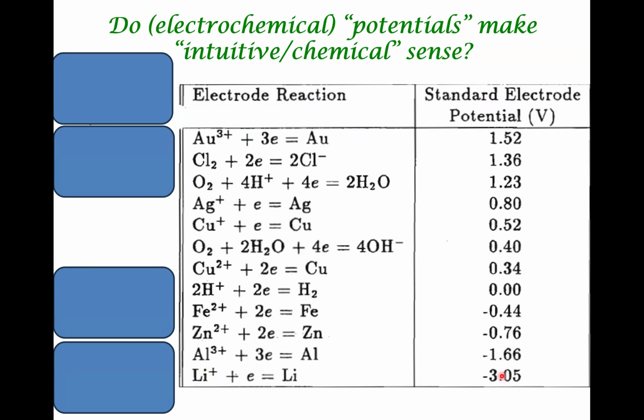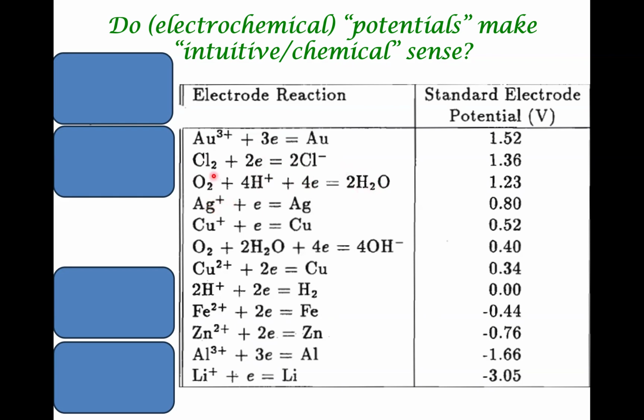So what does it really mean? When something has a positive reduction potential, that particular element can easily be reduced. Chlorine gas, diatomic chlorine, will very easily take up electrons and become Cl minus. Likewise, oxygen can take up electrons and protons and become water.